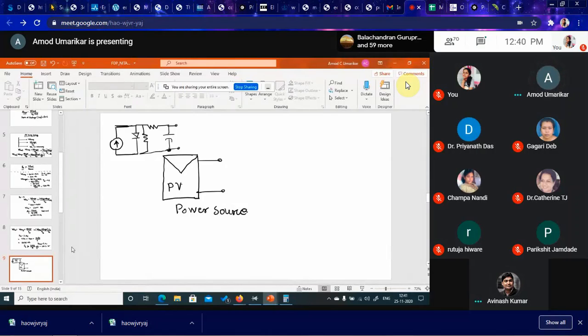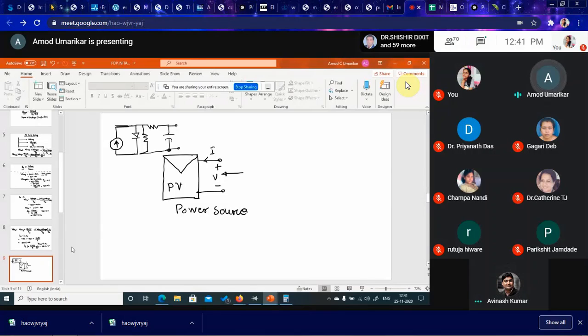But when we see from the external world to this PV source, how do we study any circuit? We study its voltage and current characteristic, correct?